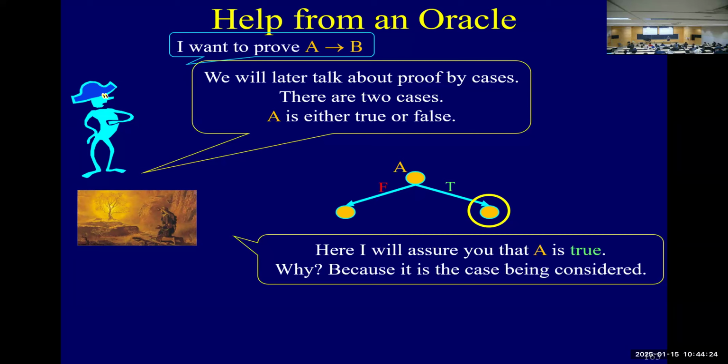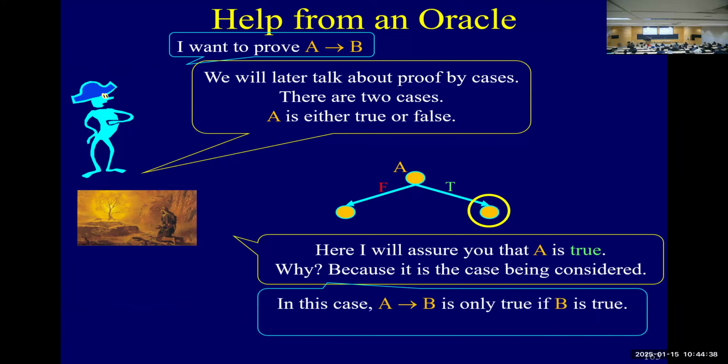Well, it's just one of the two cases, and we're dealing with this case now. We're now pretending we're in a universe where it's true, because that's the only case in which this statement is contentious. So in this case, alpha is only true if beta is true, so we have to work hard to prove beta. All right, everybody good?